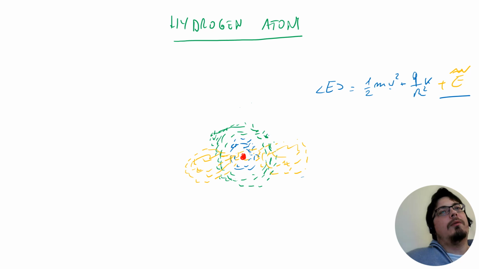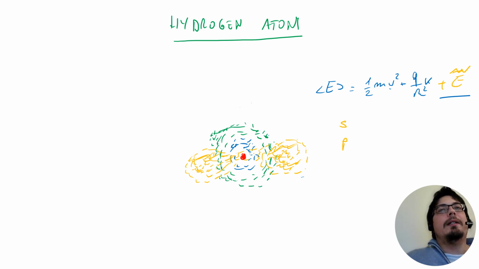You don't know where it is, but it could be somewhere here, and your electron could be in one of those areas. These have fancy names, for example S and P orbitals. S is spherical, P is this two-lobe shaped orbital.